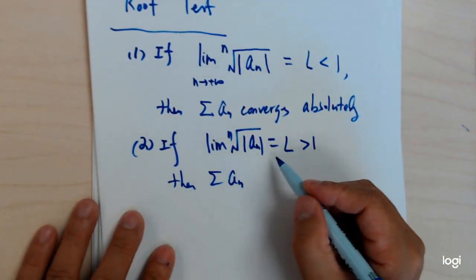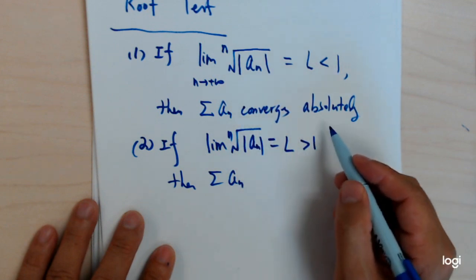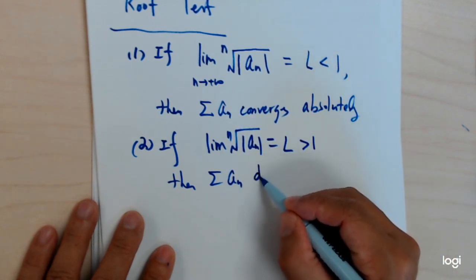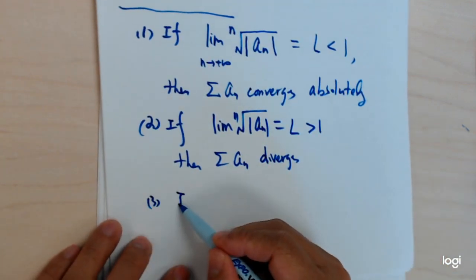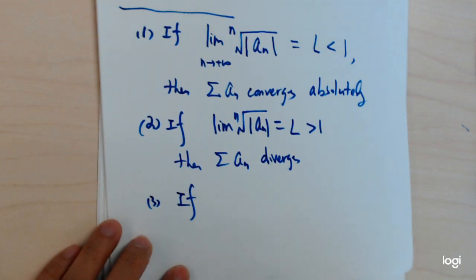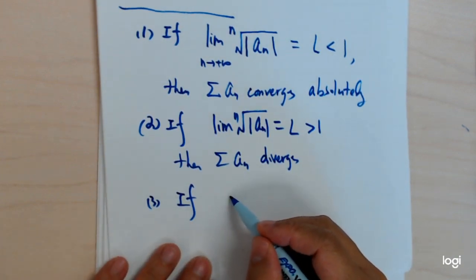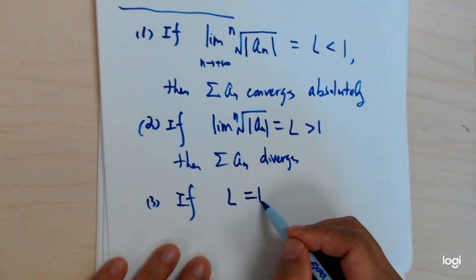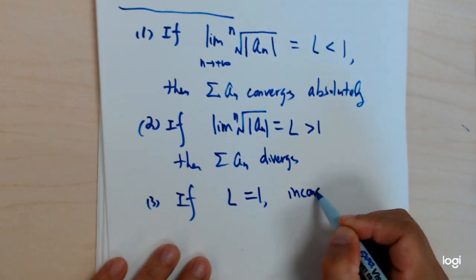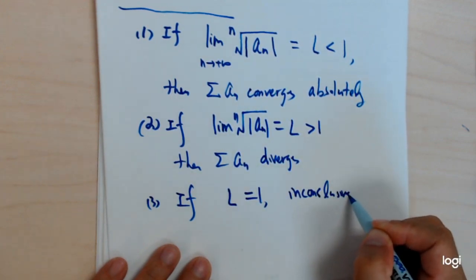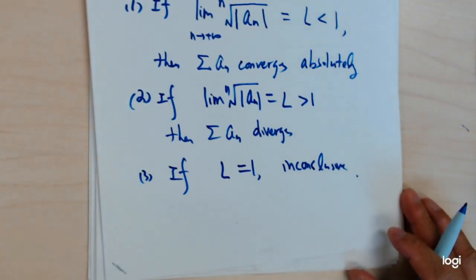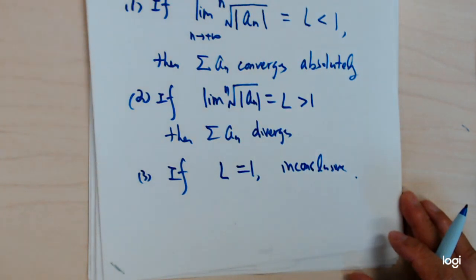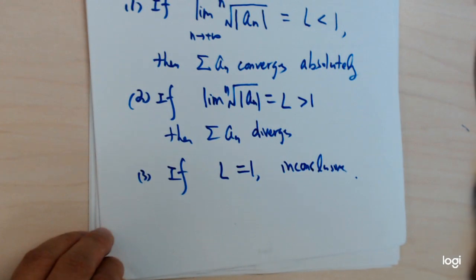And notice the conclusion is not that it does not converge absolutely, but that it diverges. Number 3, if L is equal to 1, it's inconclusive, and you have to figure out something else to check this out. I'm going to show you a couple examples next.